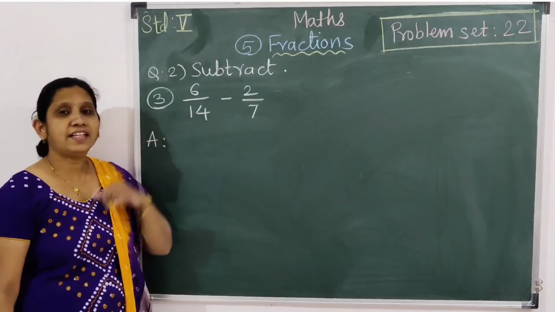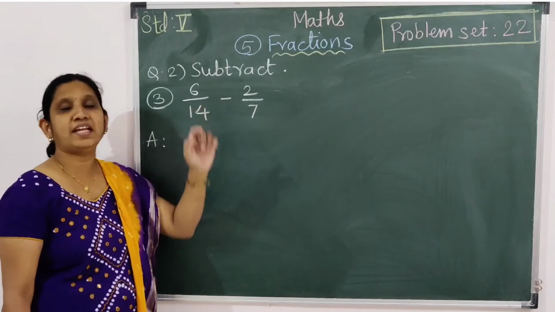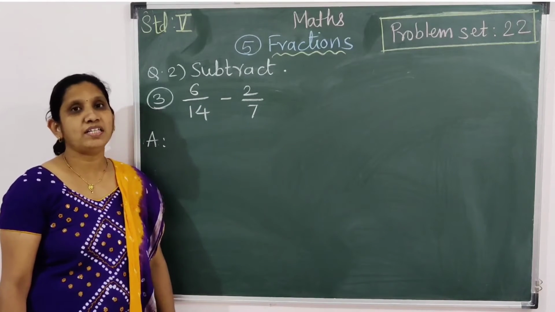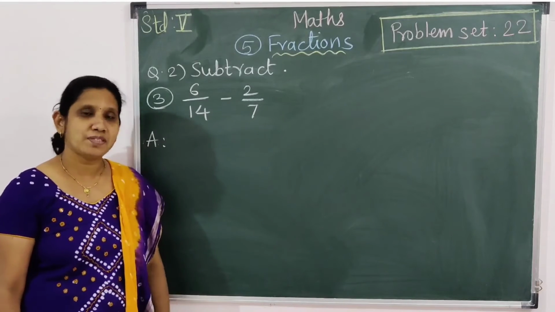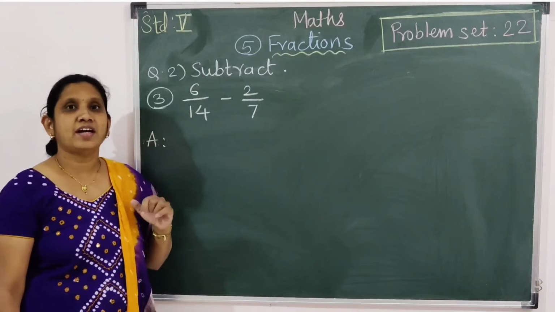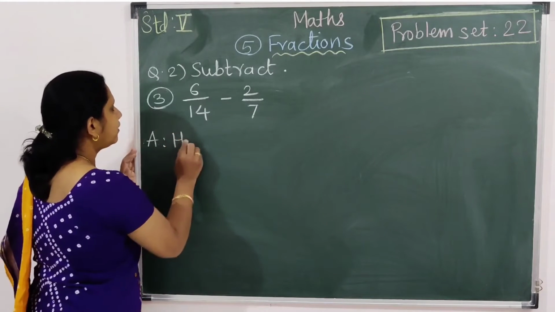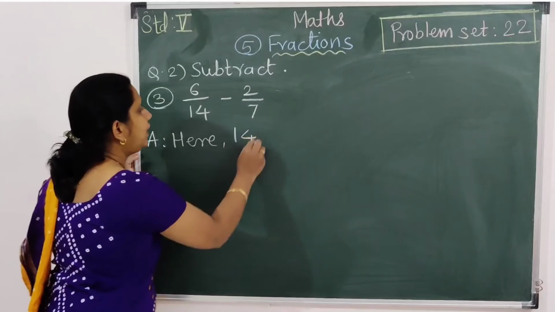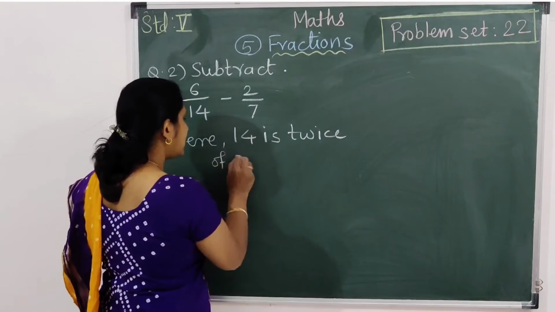Students, see the third example, the fractions given are 6 upon 14 minus 2 upon 7. Here also the same thing. 14 is twice of 7. So we have to change the denominator to 14. Alright. So here, 14 is twice of 7.